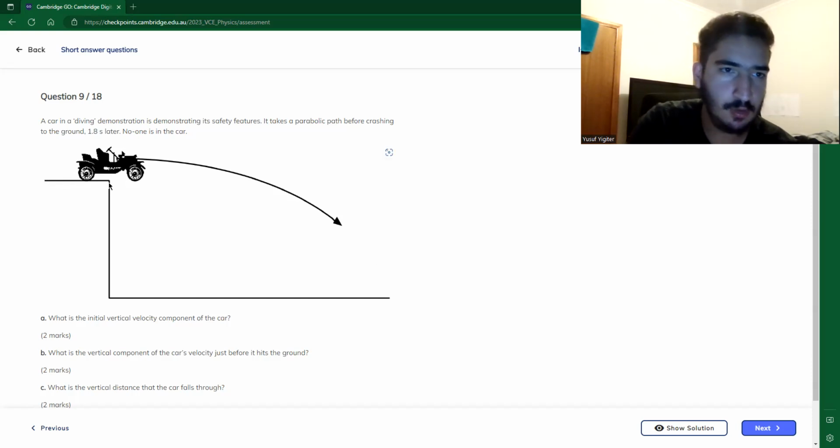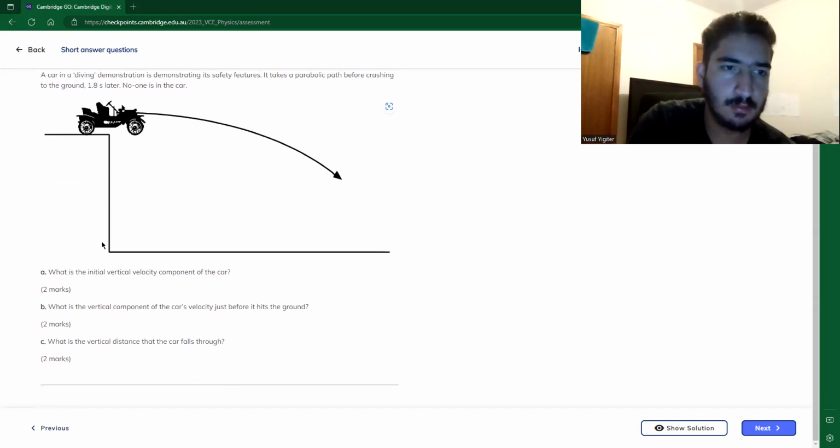The initial vertical velocity is zero. The initial horizontal velocity is not zero. It has a value, but we may need to find it. So initial vertical velocity zero. That is the answer.